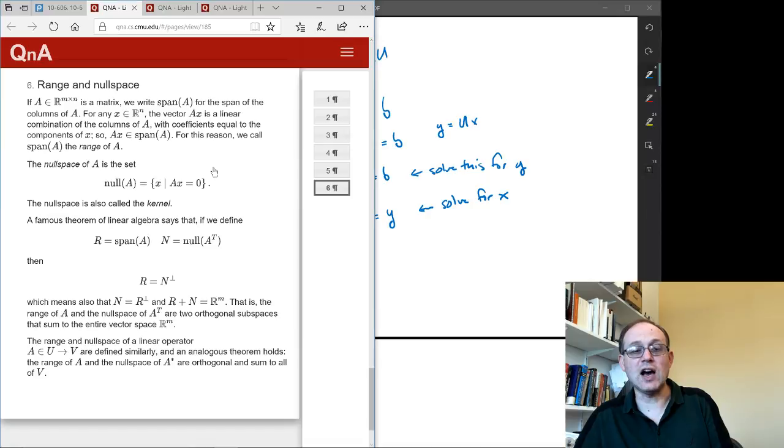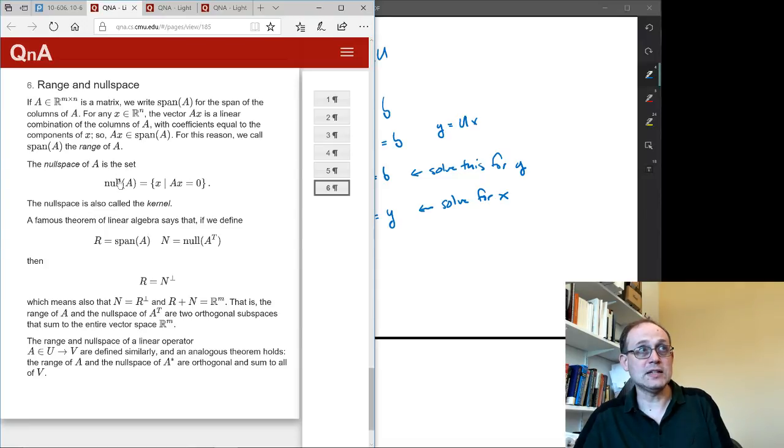That's just the column span, so we take our set to be the columns of A. The vector A times X is a linear combination of the columns of A where the coefficients are equal to the components of X. And so AX is in the span of A. Another name for the span is the range of the matrix A.